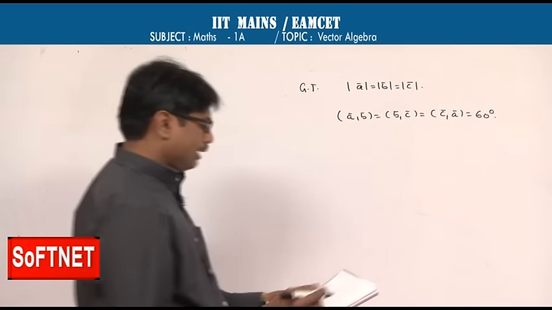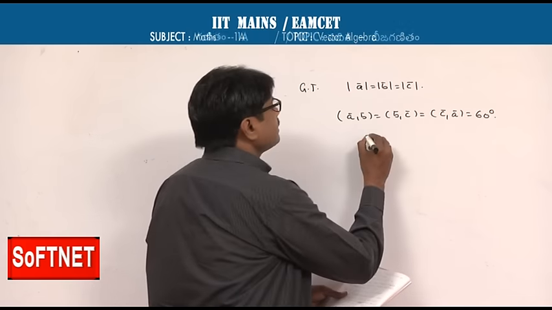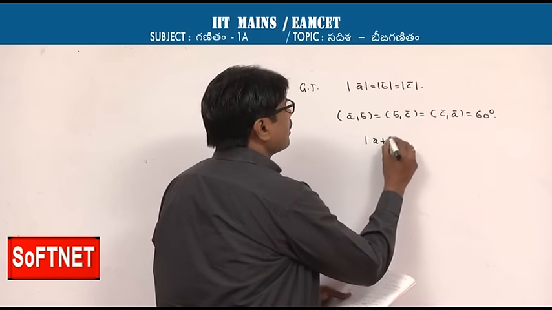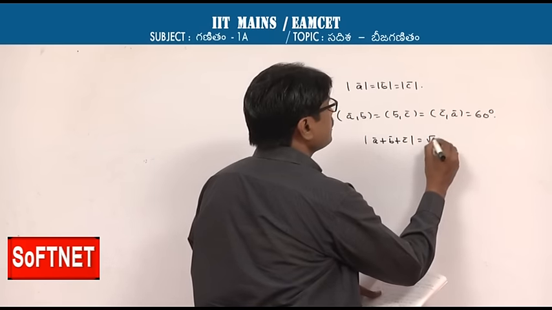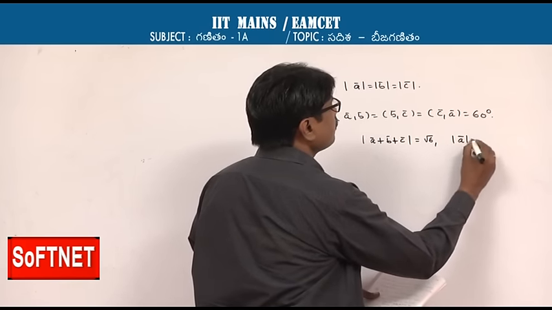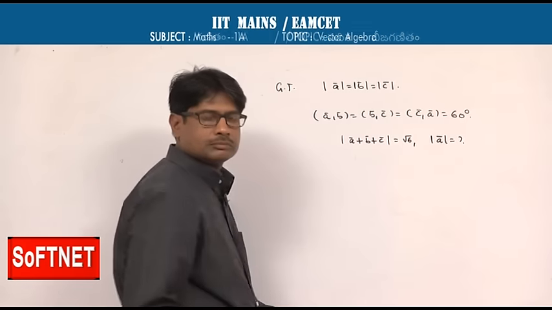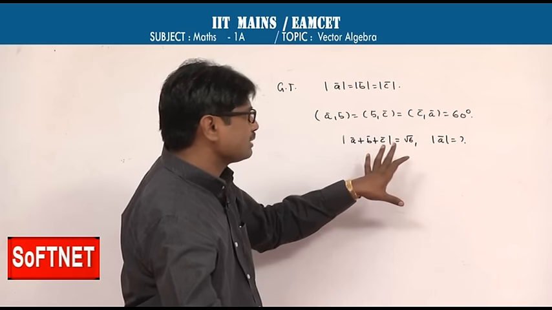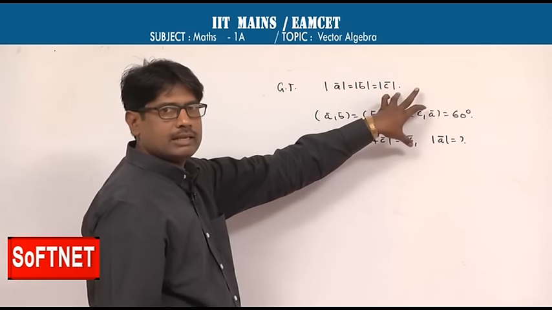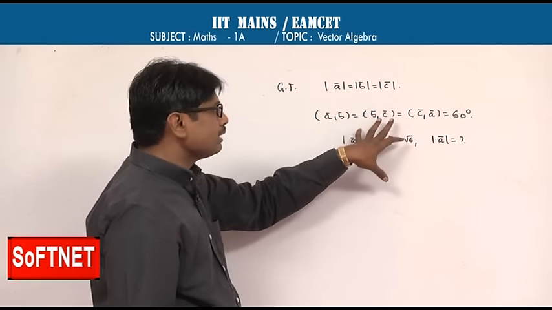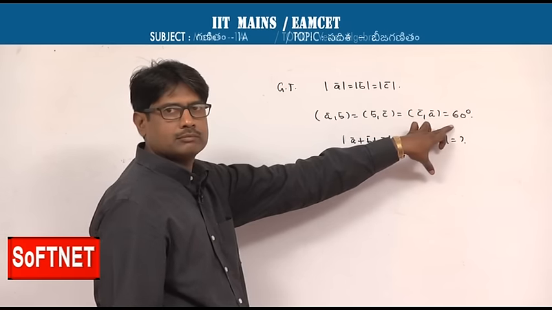Okay, and it satisfies mod of a bar plus b bar plus c bar equal to root 6. Then what is the magnitude of a bar? ఇచ్చిన క్వశ్చన్లోనే సగం ఇన్ఫర్మేషన్ ఇచ్చేసాడమ్మా. ఏంటి, ఏ బార్, బి బార్, సి బార్ ఆర్ 3 ఈక్వల్ వెక్టార్స్ each inclined at an angle 60 degrees.